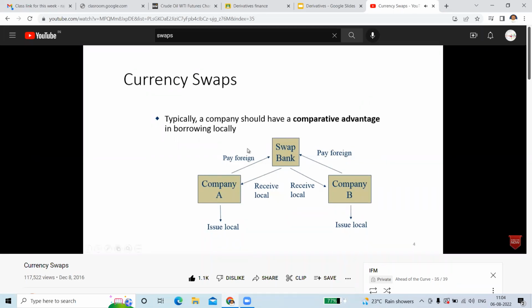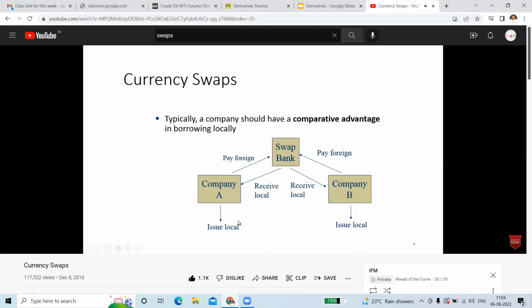So let's take a look at this picture here. Company A would issue securities in the local market. Company B would issue securities in their local market. And you can see the cash flows. We're going to put a bank in between as an intermediary. Company A would pay the foreign rate to the swap bank and receive the local rate.